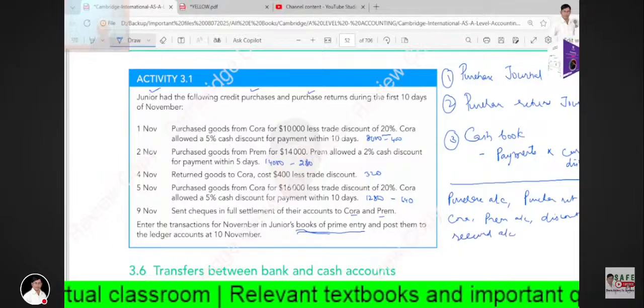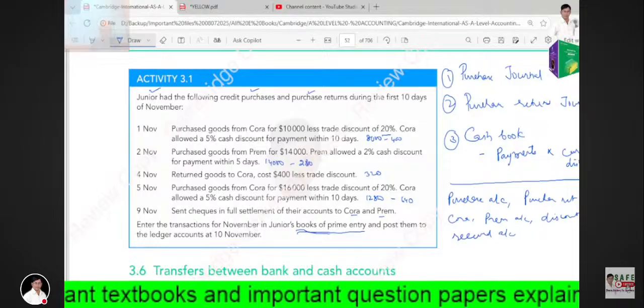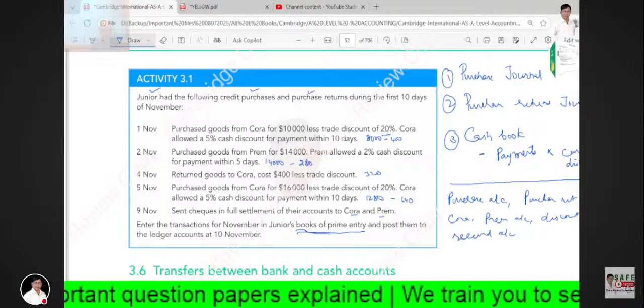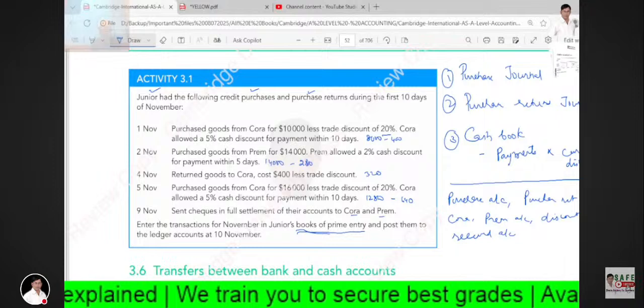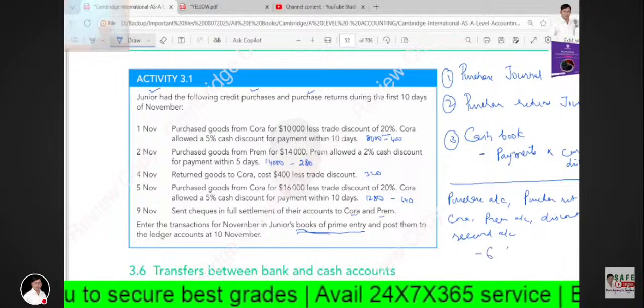So these are the ledger accounts we need to prepare: 1, 2, 3, 4, 5, 6. So we have to prepare 6 ledger accounts.